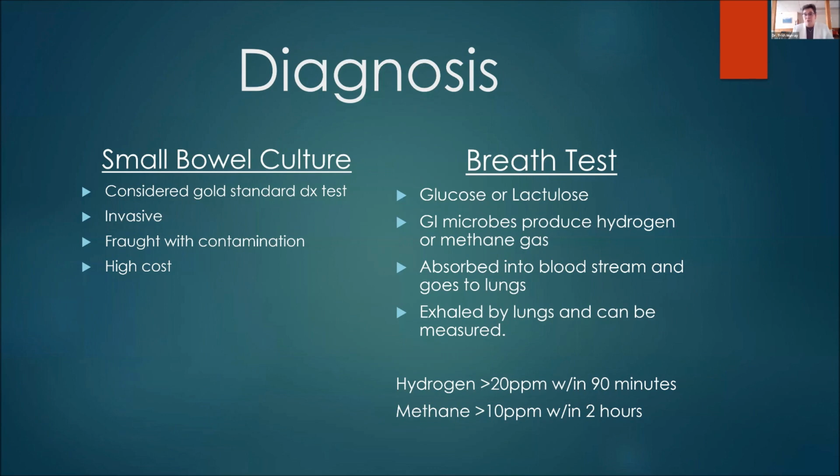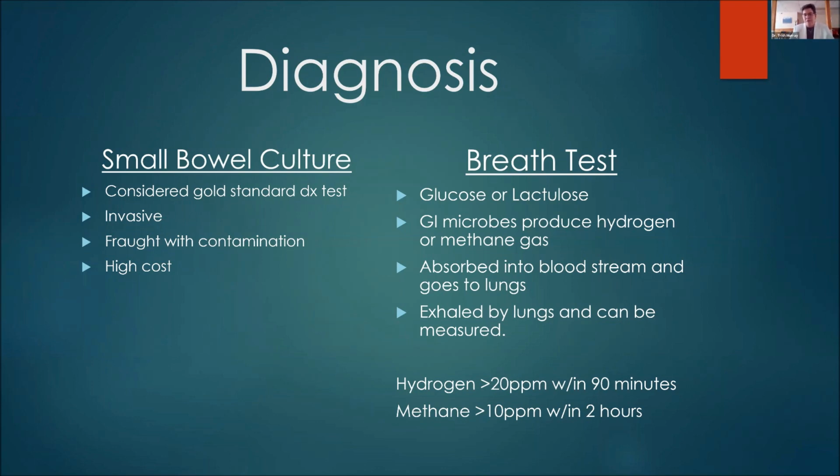As you can see from my description, this is first of all a very invasive test. You're going to have to be knocked out for them to do an upper endoscopy. It's got high cost. You have to go to a specialist to have it done. And it is fraught with contamination, meaning, again, they've got to get the tube down through your esophagus all the way into your small bowel, and then run a collection device down through that and not get contaminated by the stomach fluids or other areas, and just get a culture from the area they're looking for.